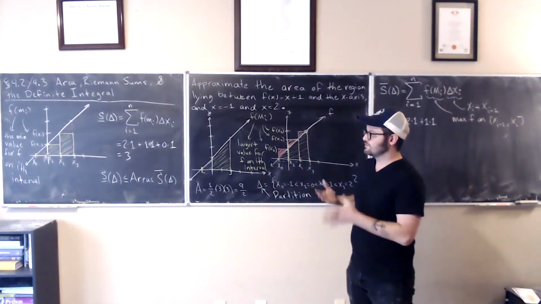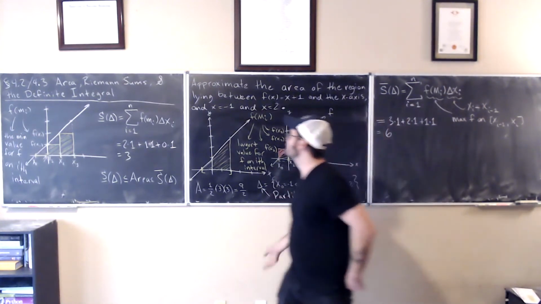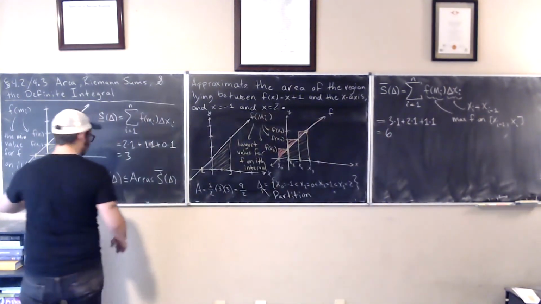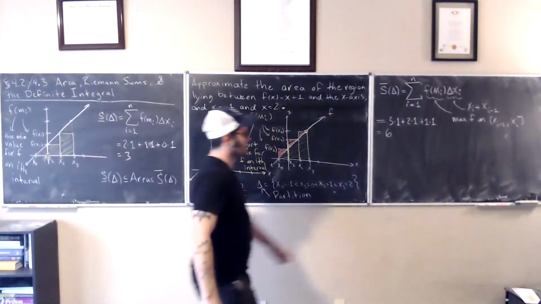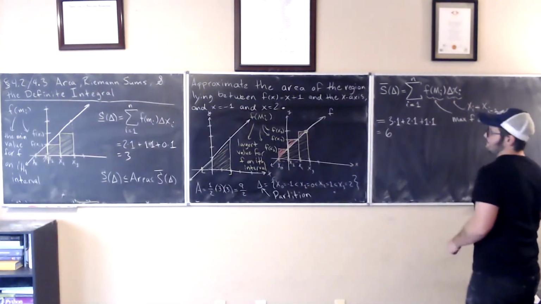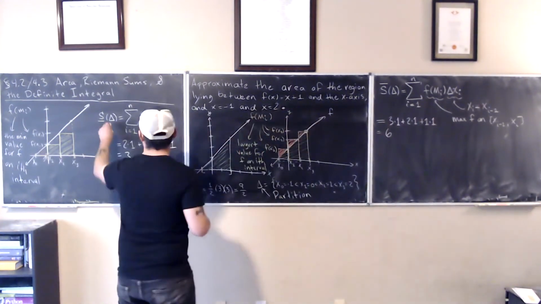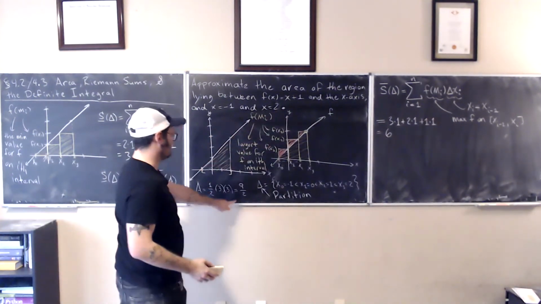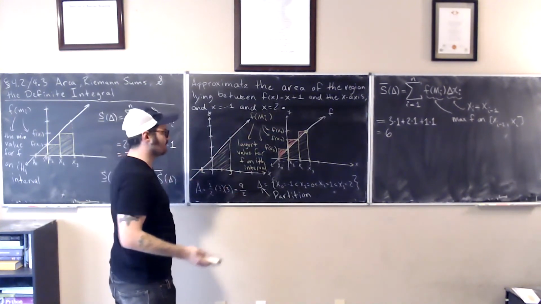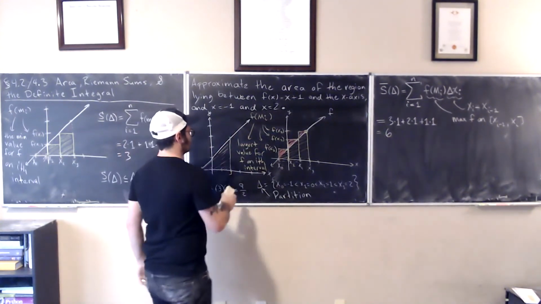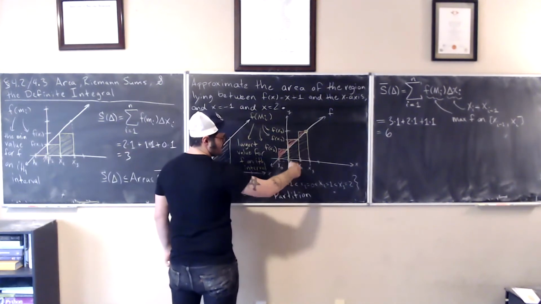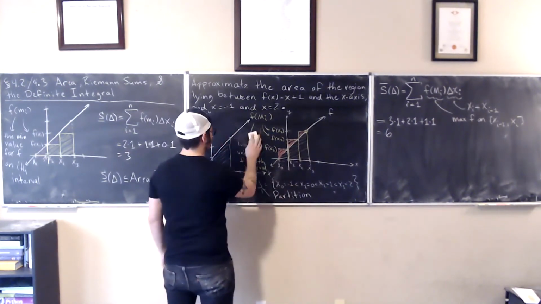Maybe we can see what these sums equal, right? So let's take a look at that. We're going to focus on that and that, and we're going to see what happens as we take more and more intervals, or we partition it into more and more subintervals.